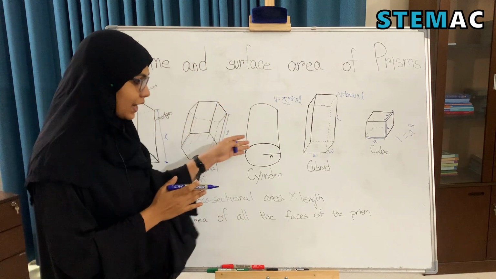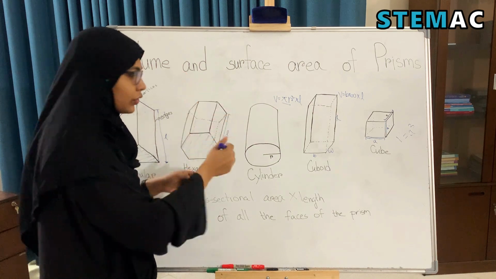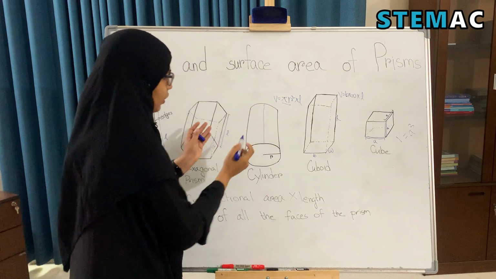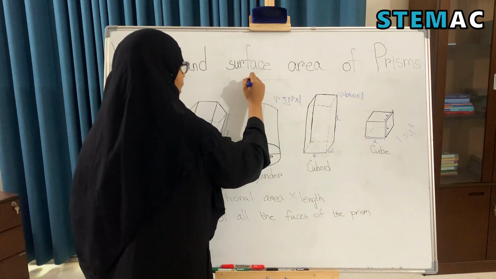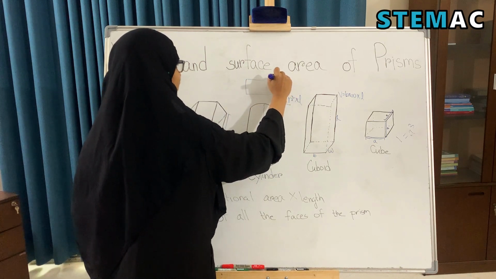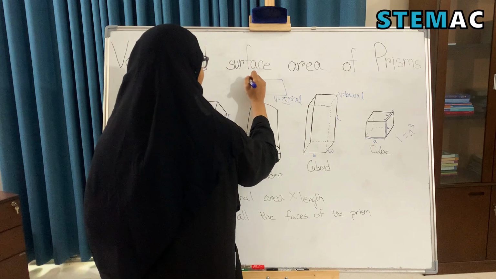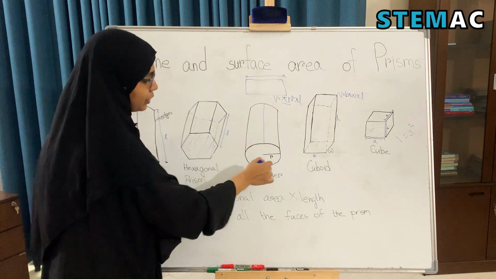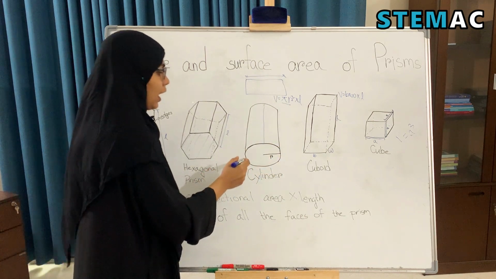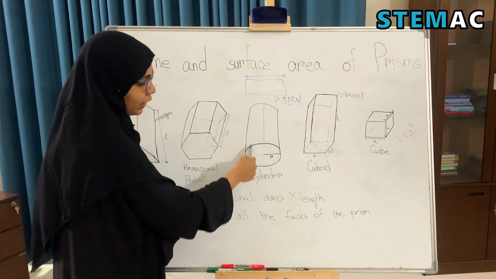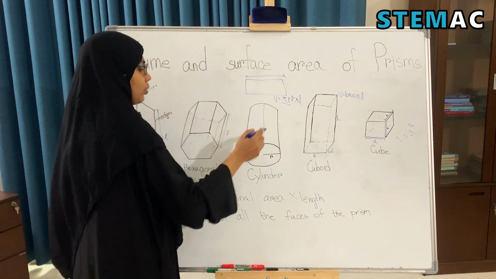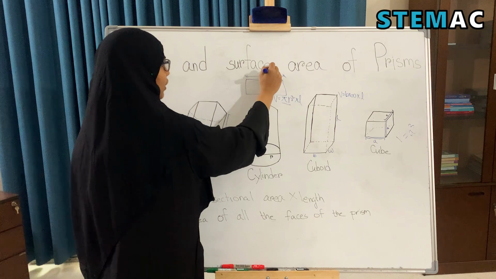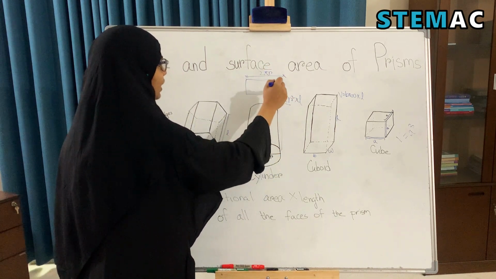If you spread it, you would get a rectangular paper like this, where the length of this is equal to the circumference of the cylinder, and you know the circumference of a circle is 2 pi r, and you know this length is L.